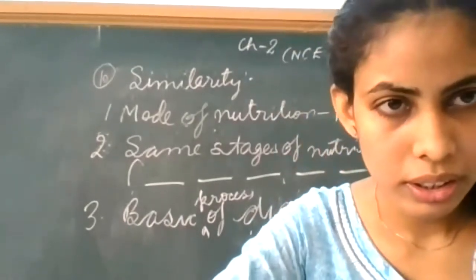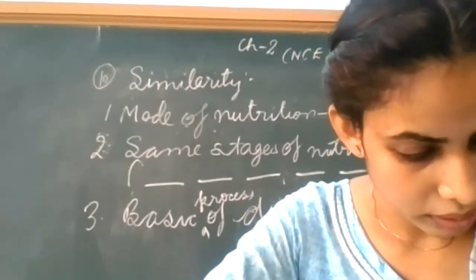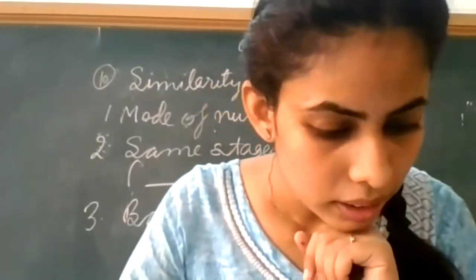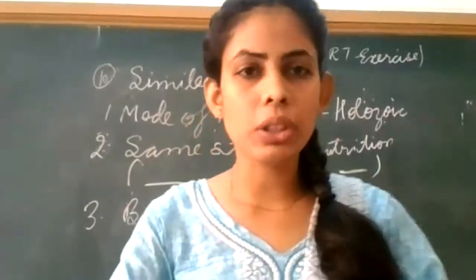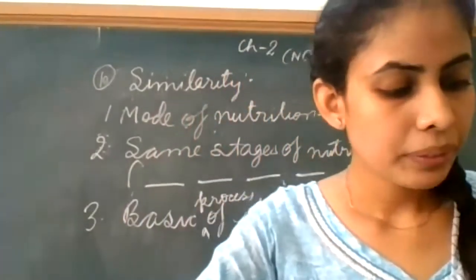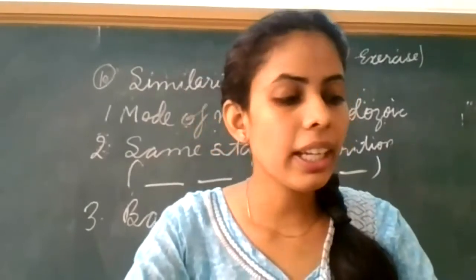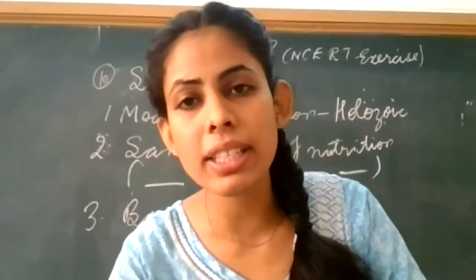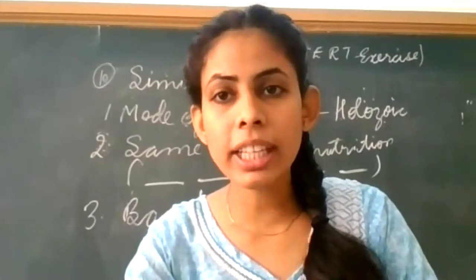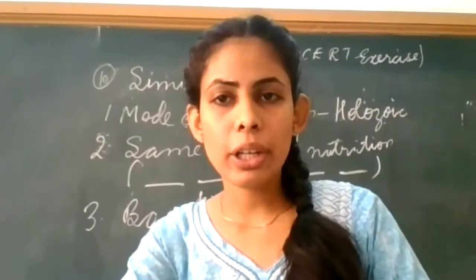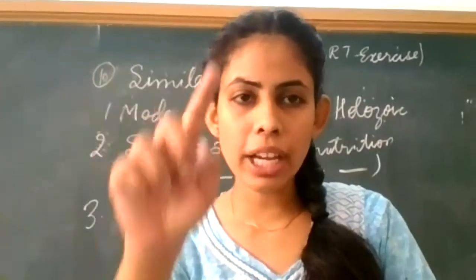Amoeba uses pseudopodia to capture food, but we use the buccal cavity for the food. Very good. Another one: digestion takes place in the stomach in the case of human beings, and in the case of amoeba there is a food vacuole.